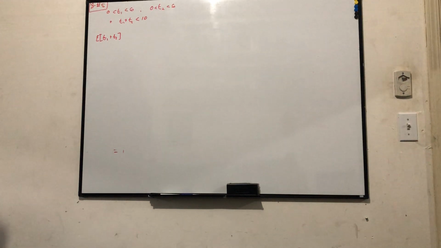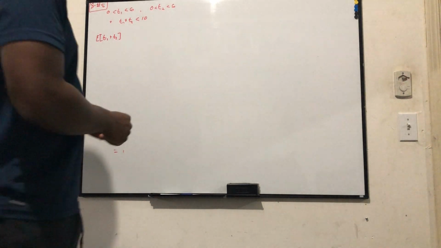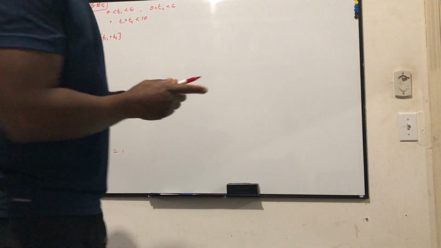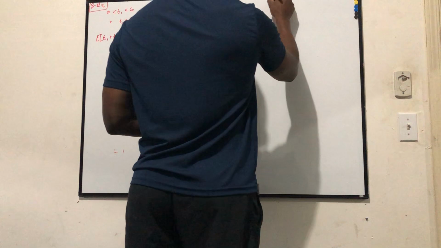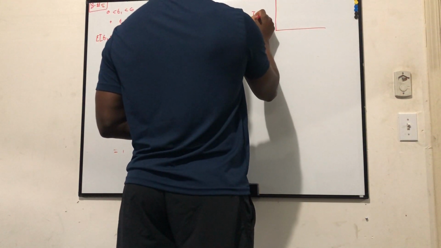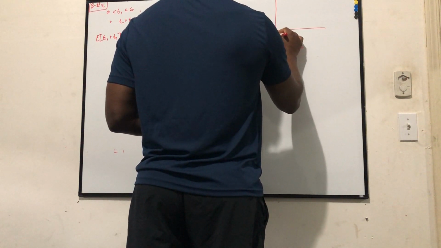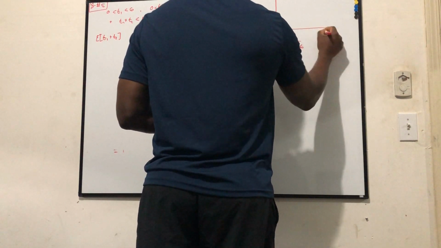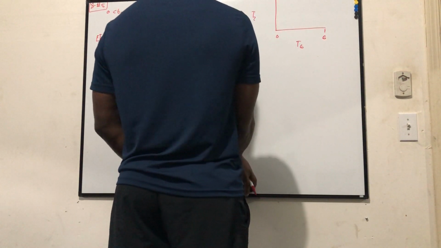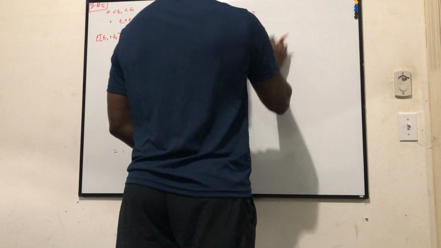So the first thing it says is that it's constant over this region, and it automatically gave us that T1 and T2 are over a region. So we need pictures. So we already got this one here, and this one goes to 6.